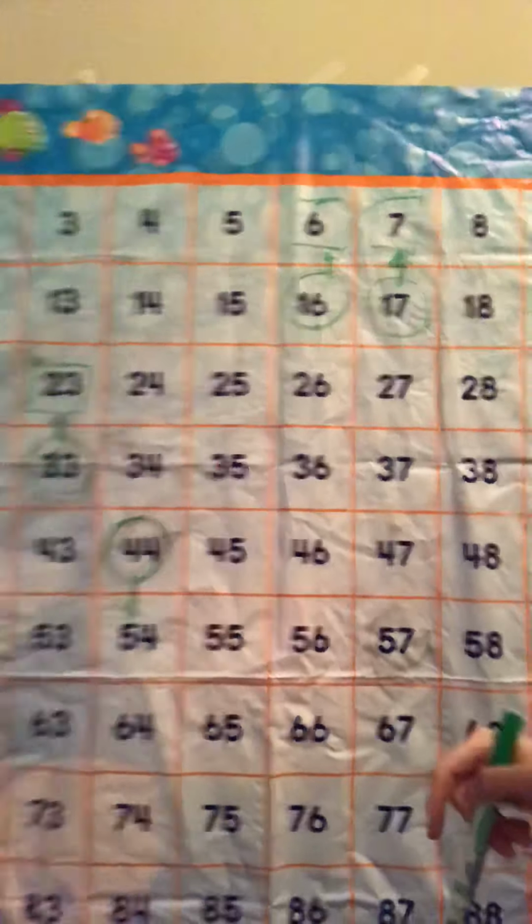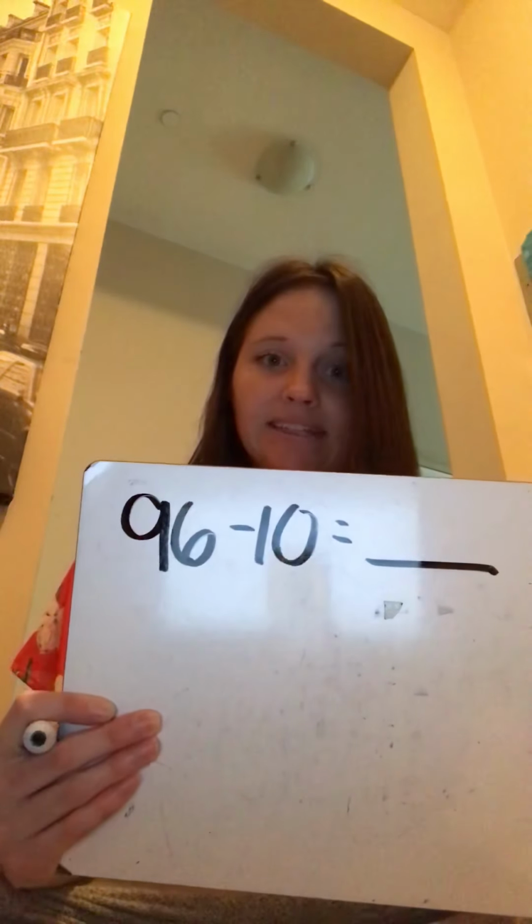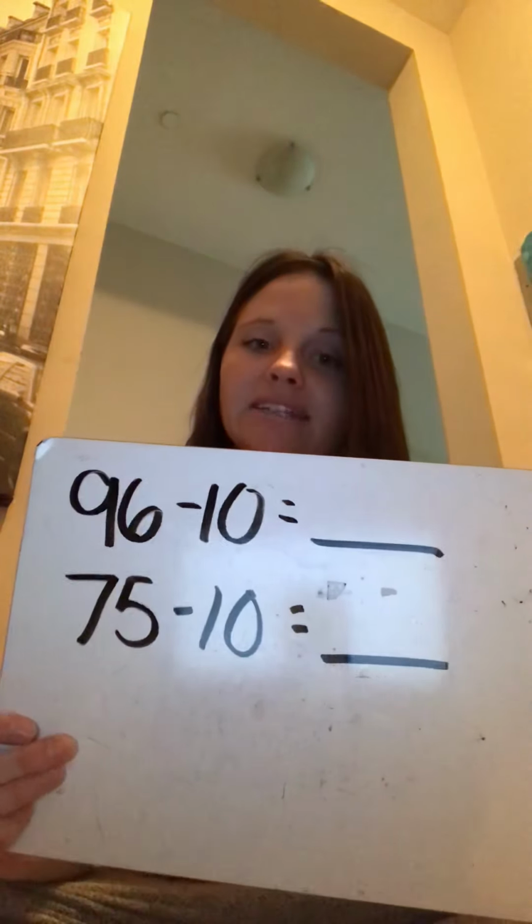So I'm going to give you a couple numbers that I want you to practice with subtracting 10. So again, remember, when you are subtracting, your numbers are getting smaller. So the numbers that I want you to practice are, I'll show you again. 1 is 96 minus 10. Your second one I want you to do is 75 minus 10.